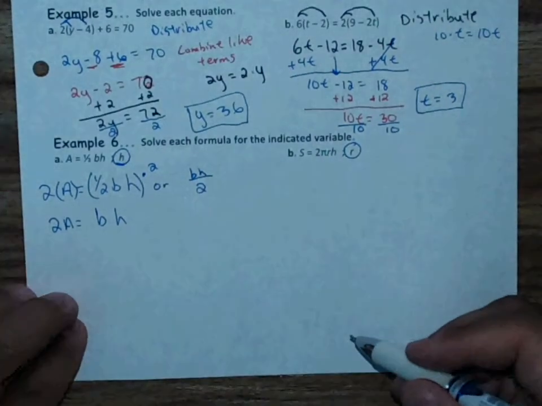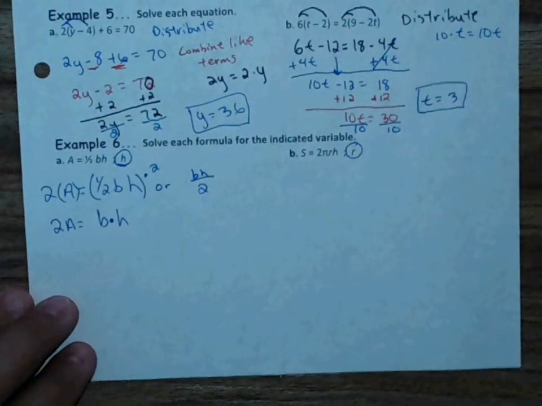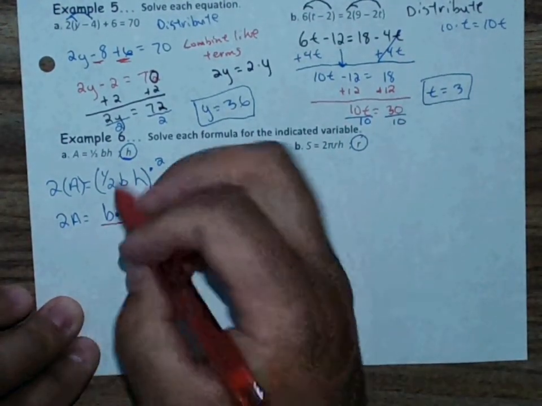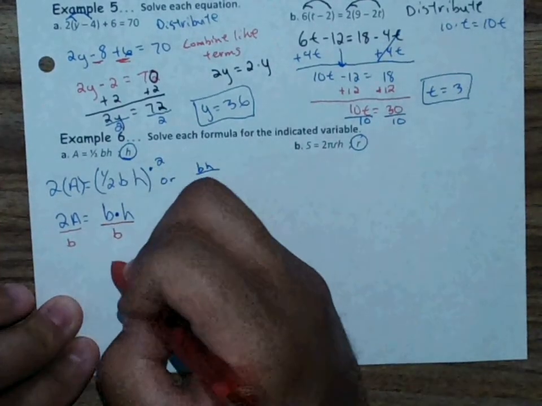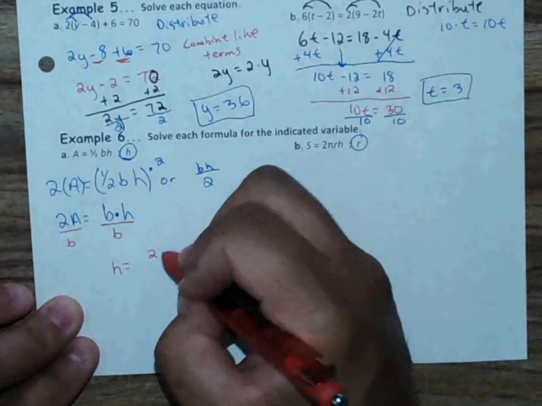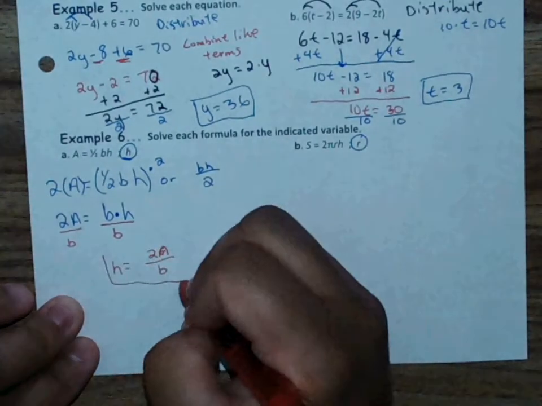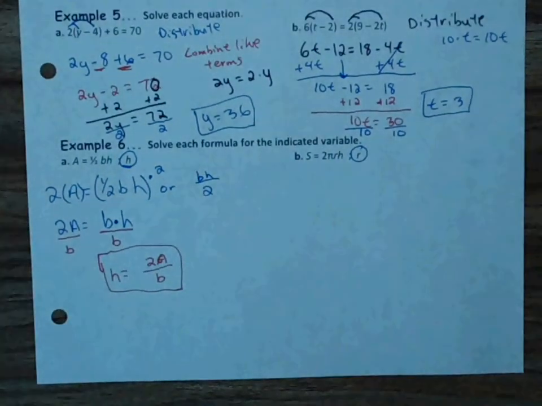And then there's an understood multiplication symbol in between those two variables. So I'm going to get rid of the b by undoing that, divide both sides by b, and I get h equals 2a over b. And I put a box around it. I solved my equation in terms of a variable.